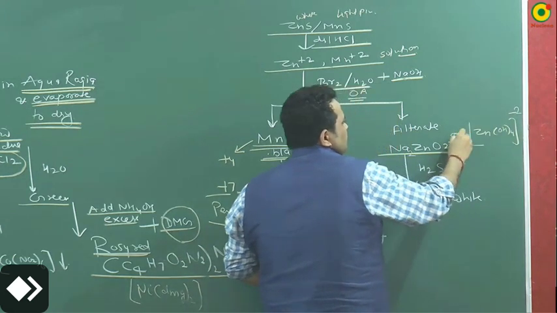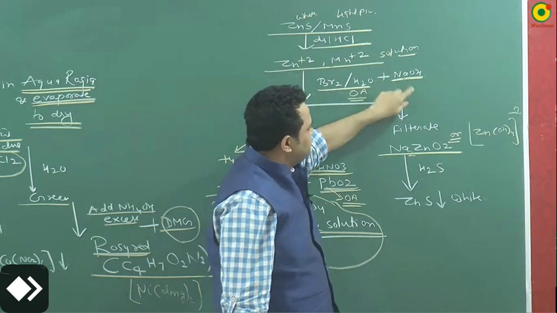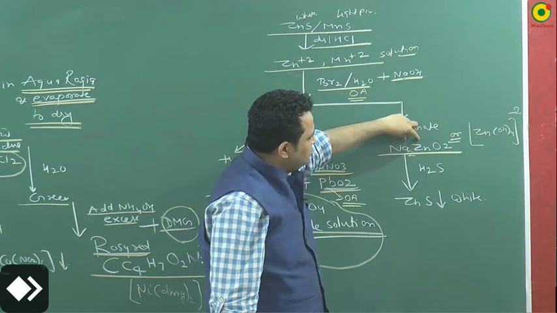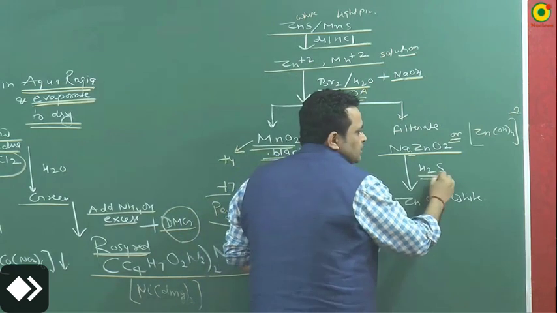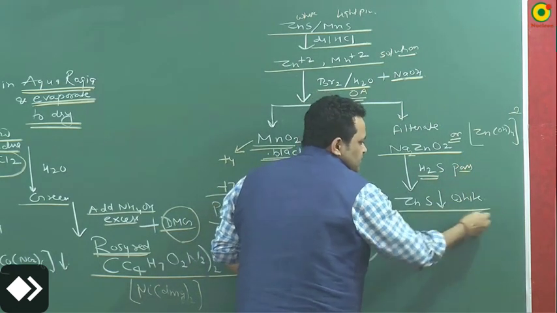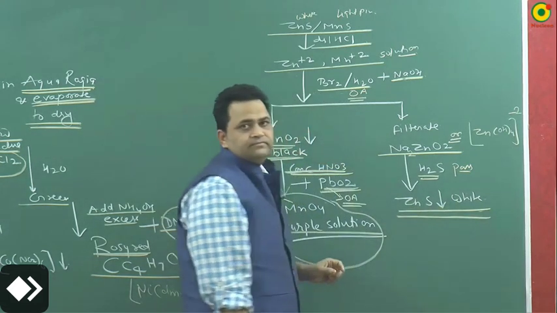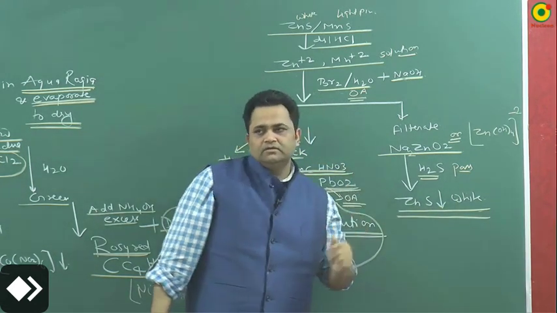Either we write this or this. If we pass H2S gas in this solution, it will again precipitate ZnS, which is white in color. So this is the chart for group 4 radicals.